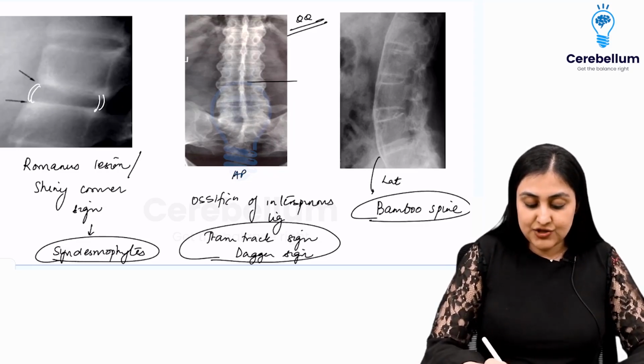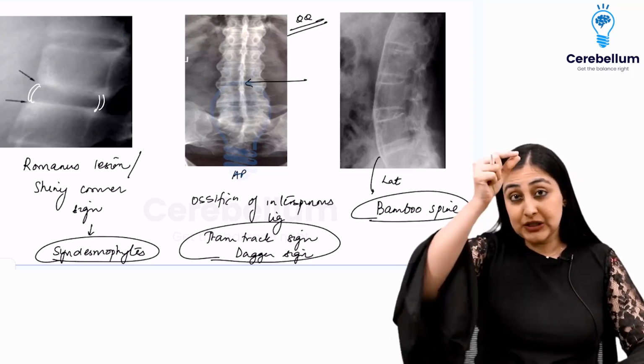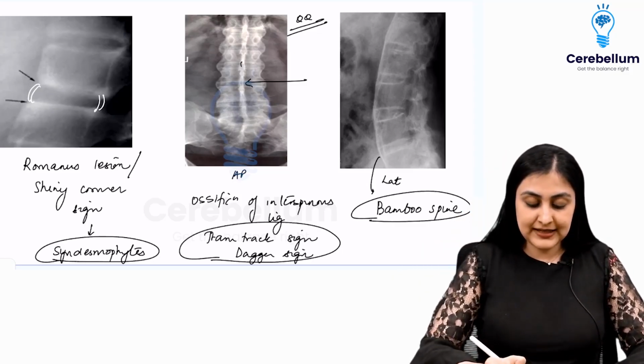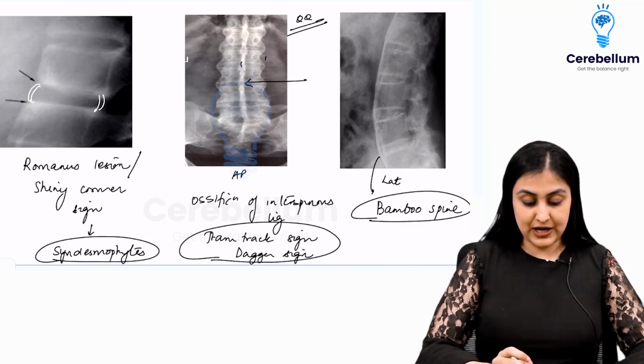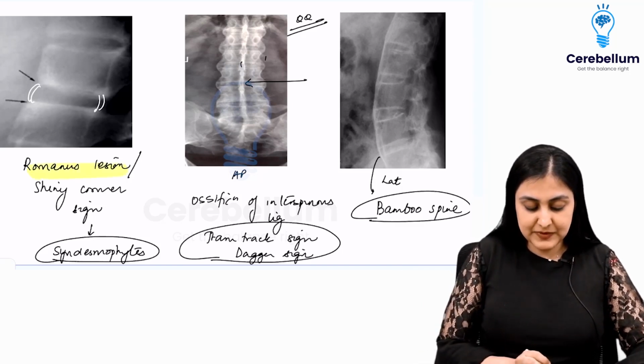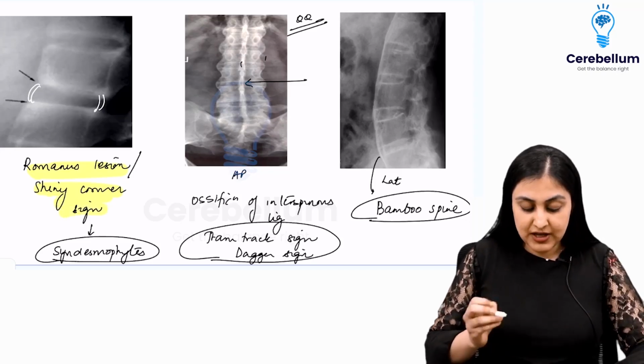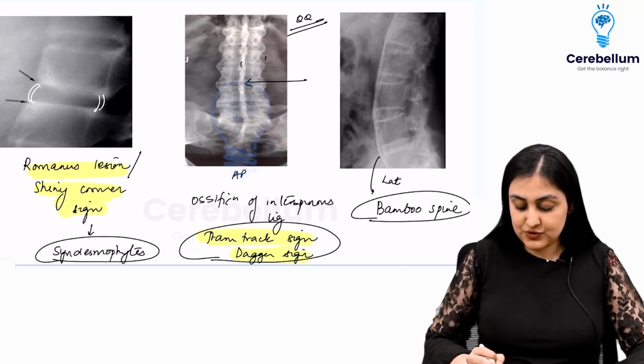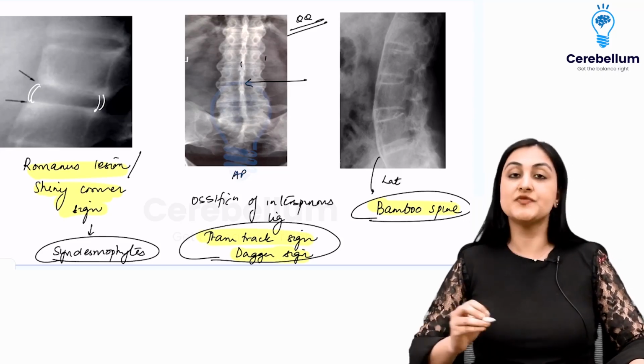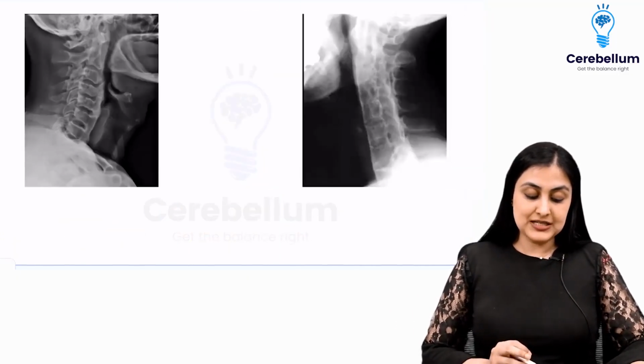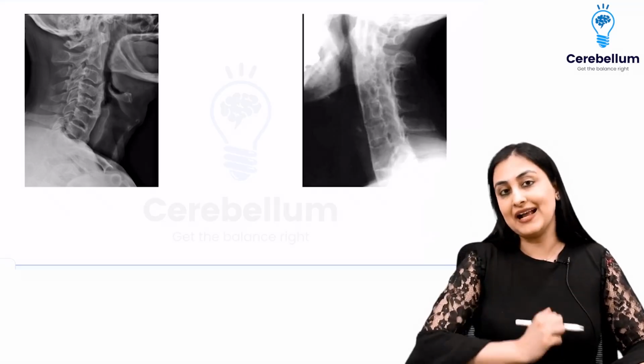This calcification of interspinous ligament looks like a dagger. These three lines together look like a tram track. So all of these are the named signs: Romanus lesion, shiny corner sign, tram track, dagger and bamboo spine here. So this is what you want to remember about ankylosing spondylitis.